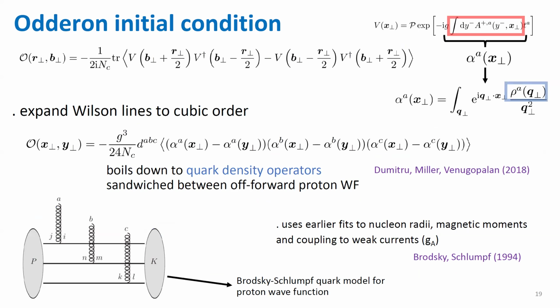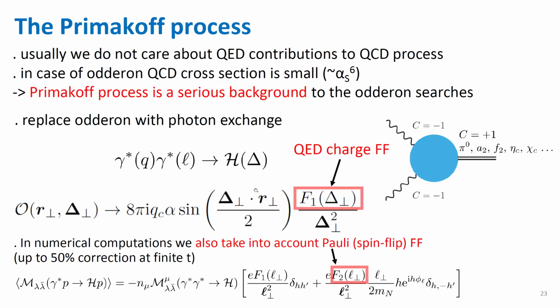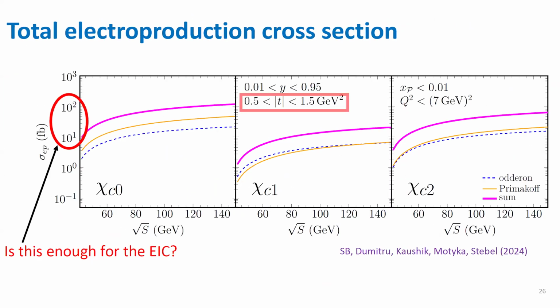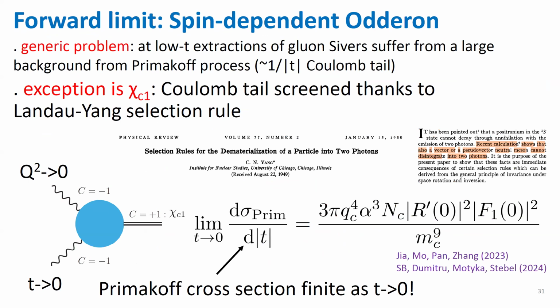Oh, one last question. Can you go to this photoproduction limit? So what's the T dependence? Here you say T equals 0 is constant, right?